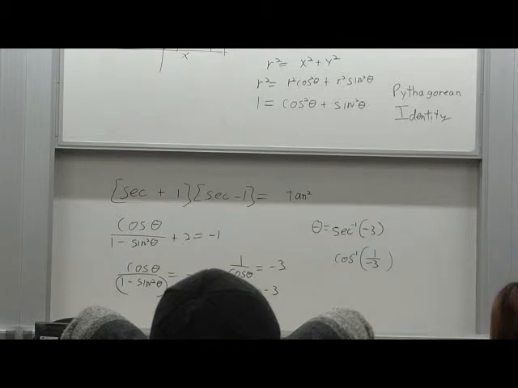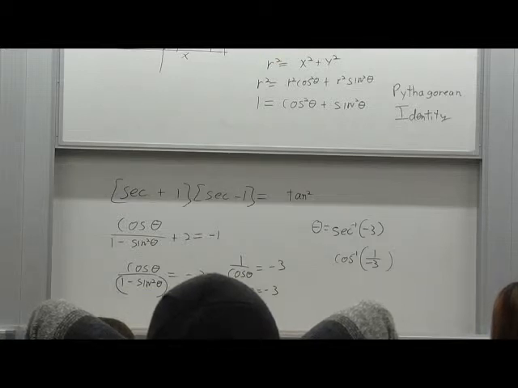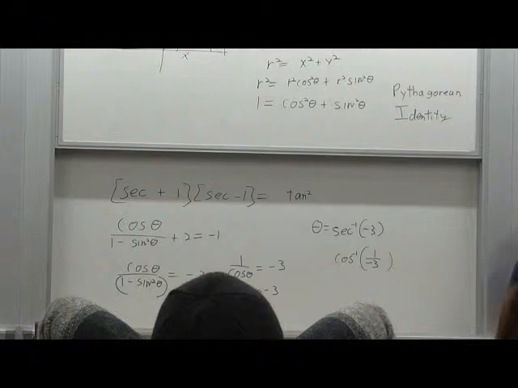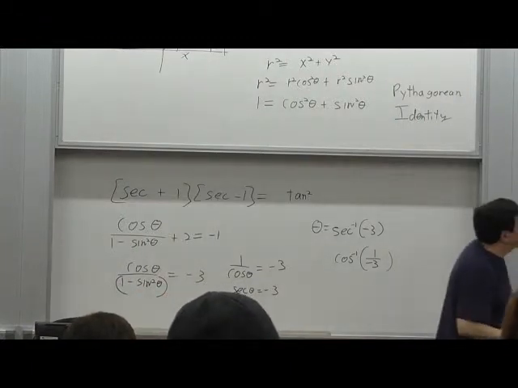Skip a step. What's the cotangent? Cotangent is cosine over sine, so cosine squared over sine squared equals 0.8. Well, obviously I'm going to cancel that.